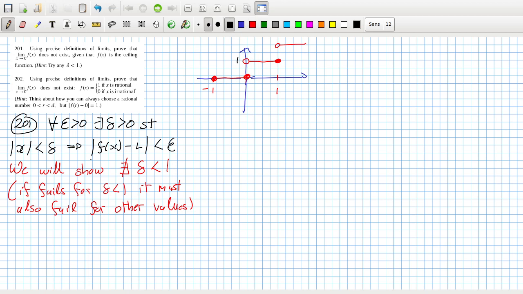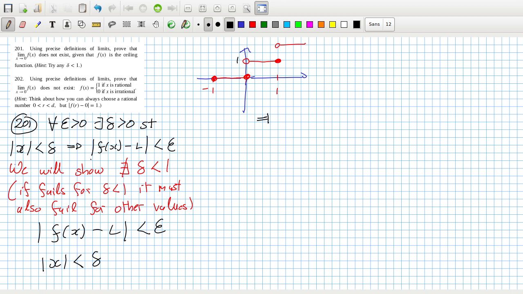Let's have a look. So we'll have the absolute value of f(x) minus L less than epsilon. Now, we also know that the absolute value of x is less than delta, like we said.